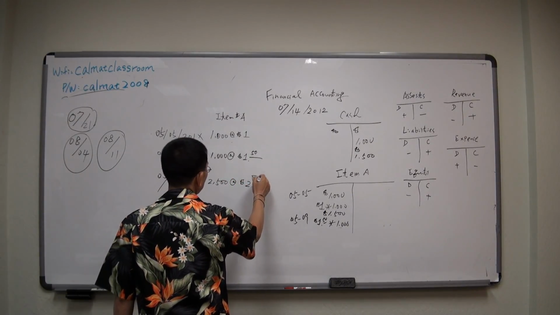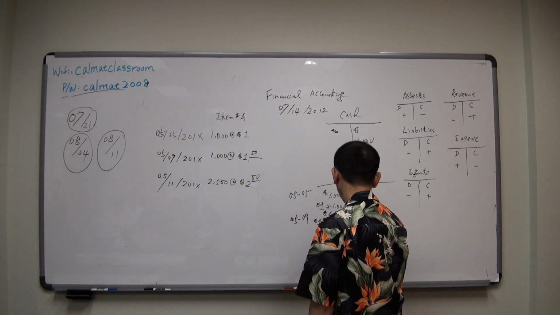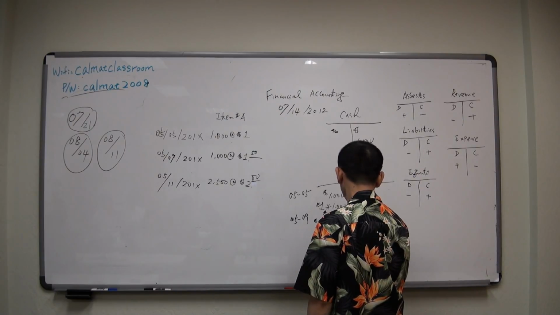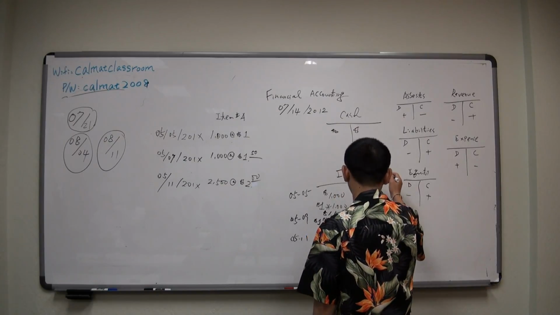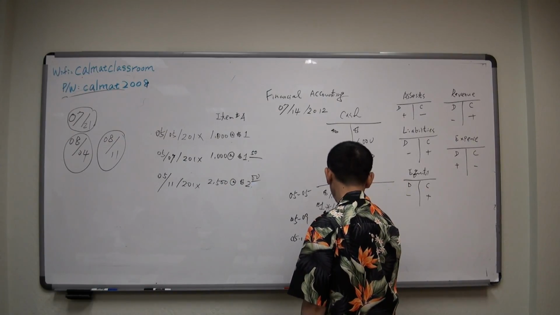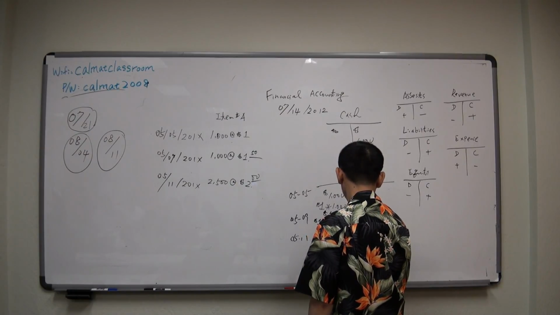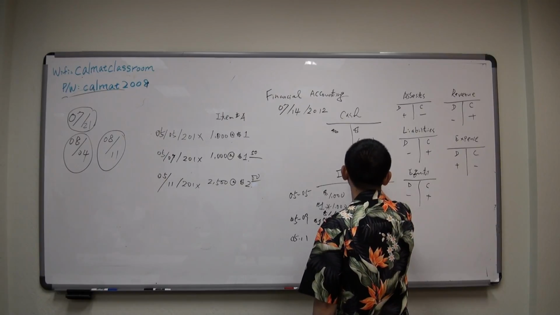Make it easy. Make the number even. So here you have a total of 5,000. This is May 11.